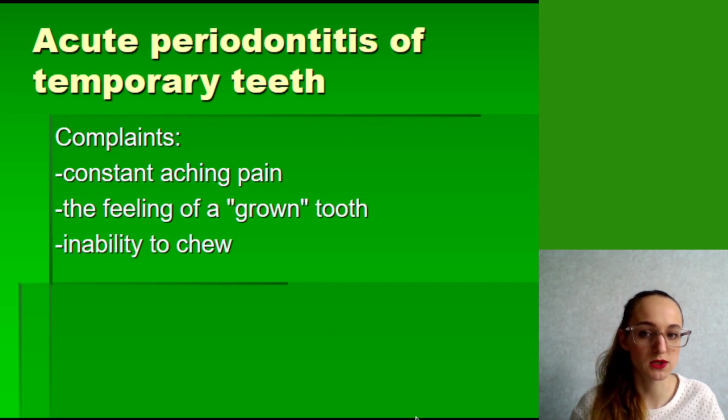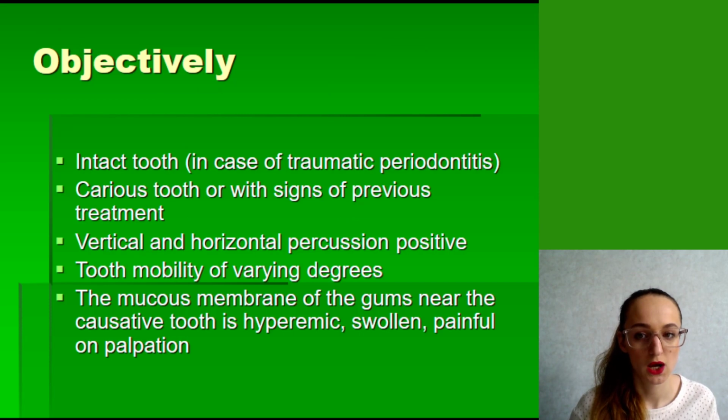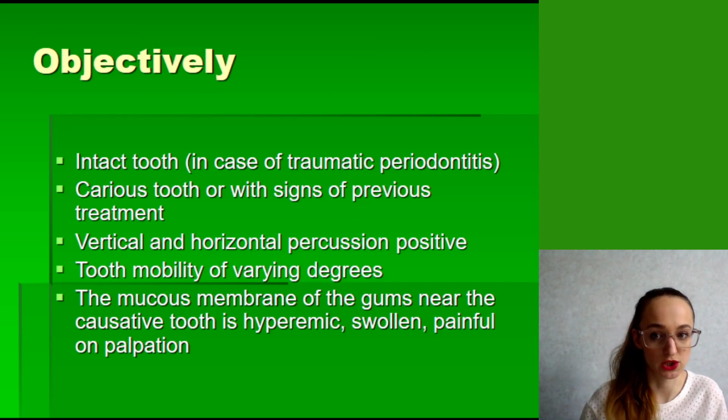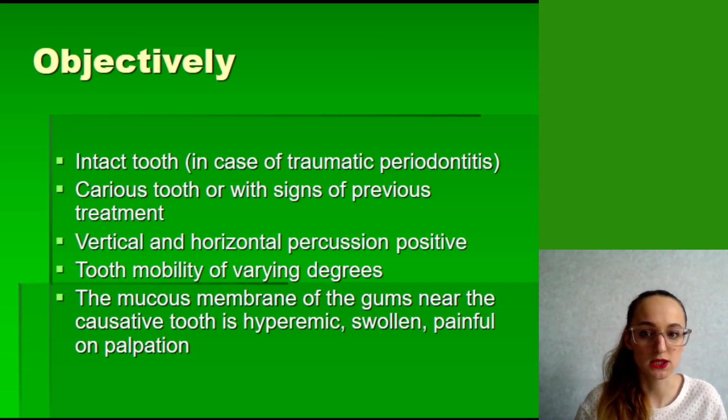Acute periodontitis of temporary teeth. The complaints the patient has are constant itching pain, and the patient feels that the tooth has grown up, and inability to chew. Objectively, intact teeth.